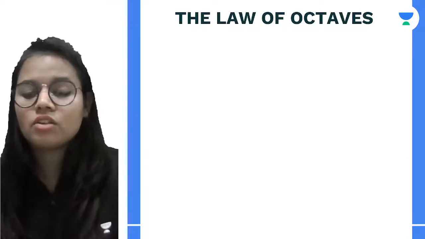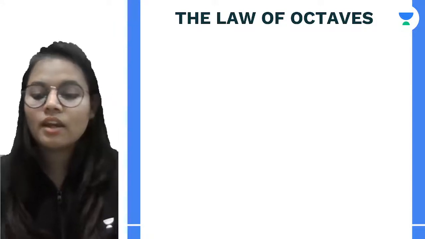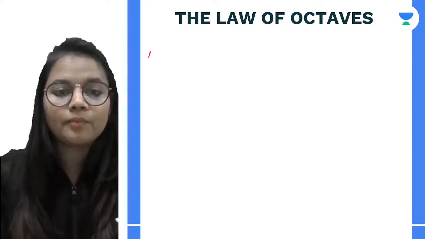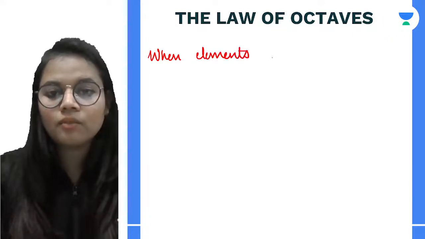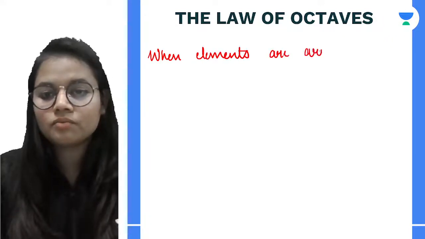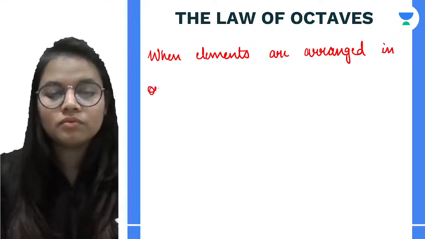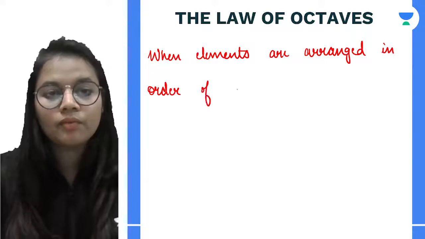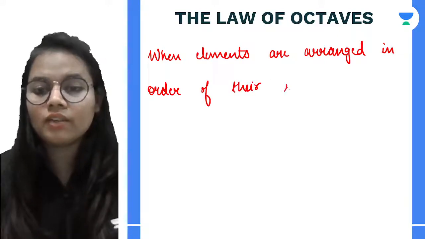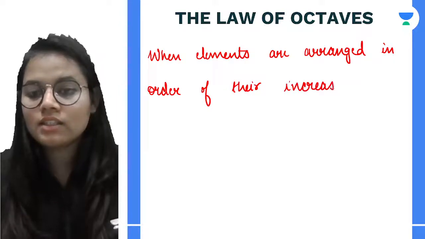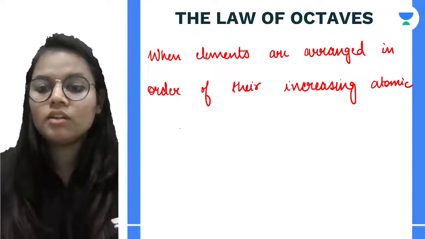Now if I talk about the law of octaves, what did this law state? It stated that when elements are arranged in order of their increasing atomic masses, very important, in order of their increasing atomic masses, now what did he find?